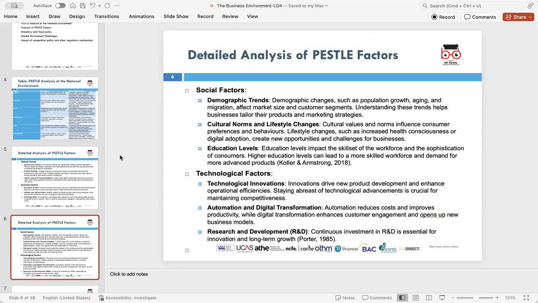Automation reduces cost and improves productivity by streamlining processes and minimizing manual labor. Digital transformation leverages digital tools and platforms to enhance customer engagement and create new business models. Continuous investment in research and development is essential for innovation and long-term growth.